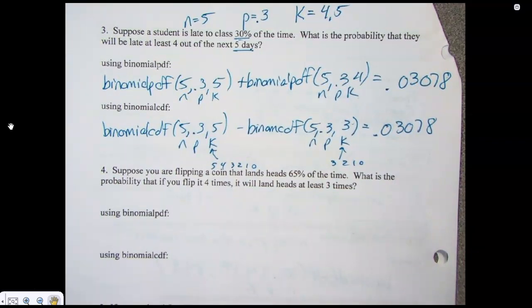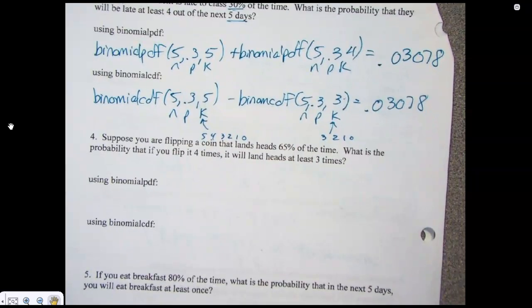It just might be more difficult in your brain to do it one way than the other. That's up to your brain. CDF is easier when you have one number. If you only have one number, use PDF every time. Like if it's less than 5 now, if it's less than 8, use CDF every time. But if it's between, then you get these gray areas where they can both work.